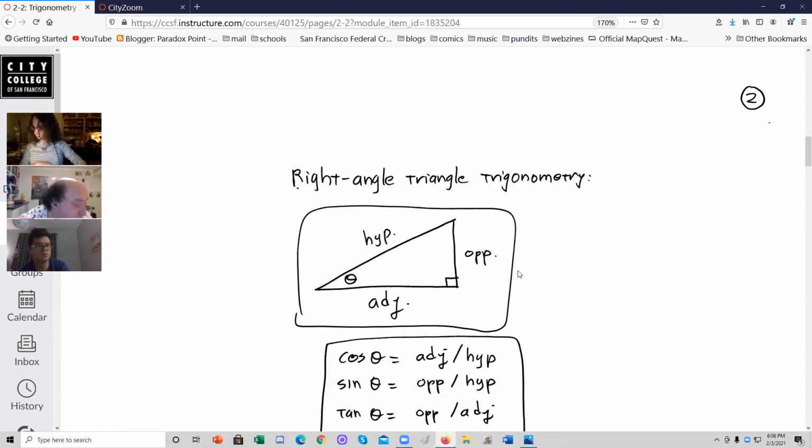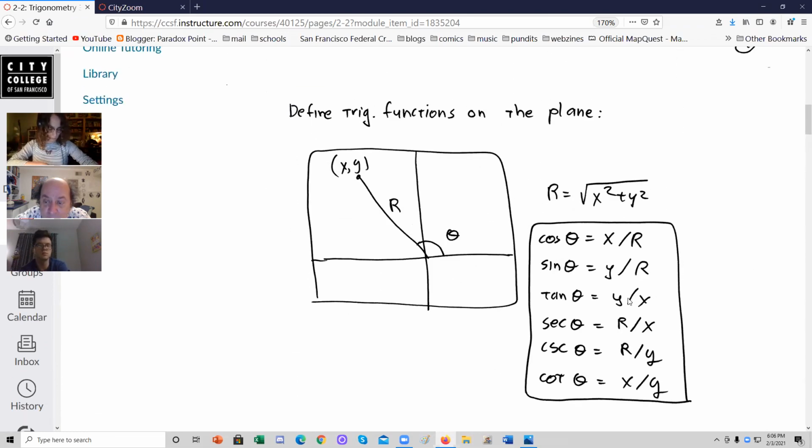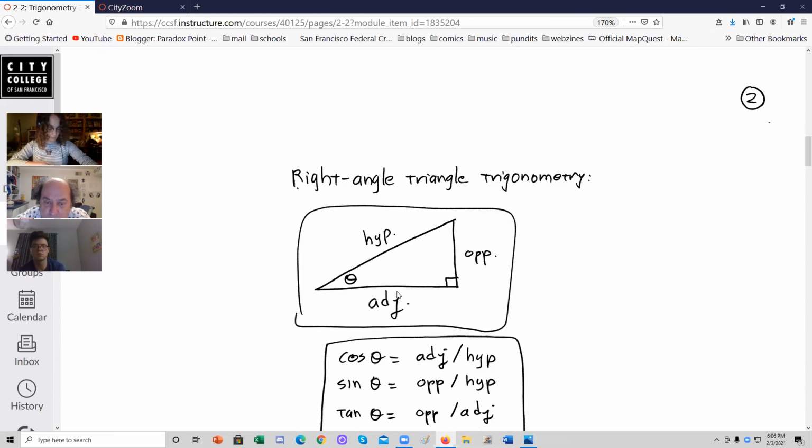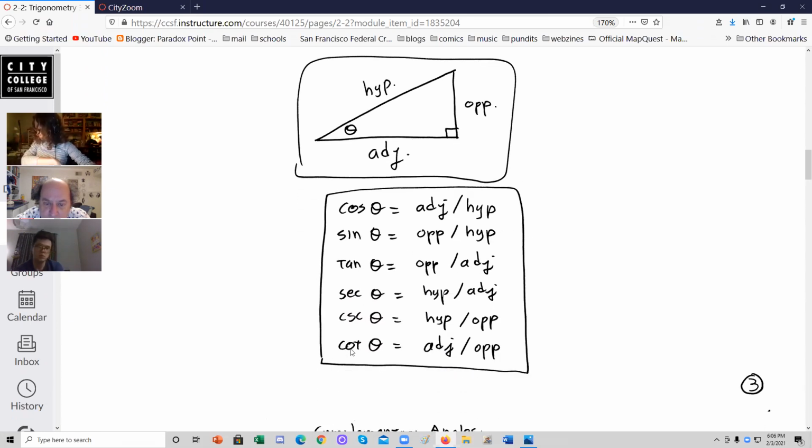Then the rest basically follow. Tangent is y over x, therefore opposite over adjacent. Cotangent is the reciprocal, therefore adjacent over opposite. Secant is the reciprocal of cosine, so the reciprocal is hypotenuse over adjacent. Cosecant is the reciprocal of sine, therefore hypotenuse over opposite.